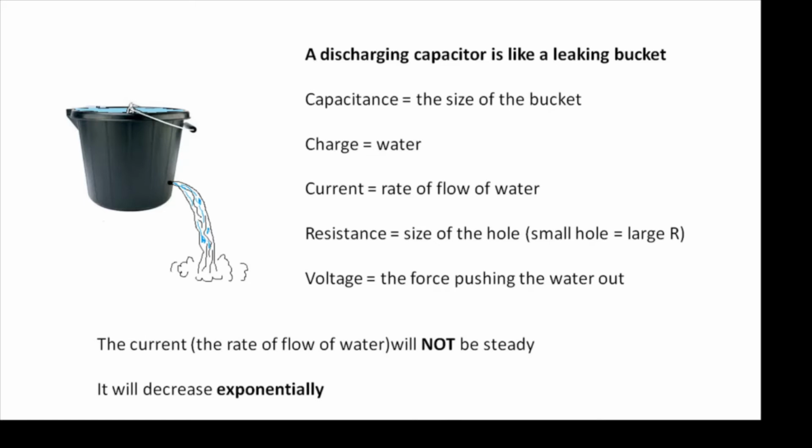The current, the rate of flow of water, will not be steady. It will decrease exponentially. It will come out quickly to start with, and then it will come out slower and slower. So you cannot use Q equals IT. Q equals IT is for a steady current, and this will not be a steady current.